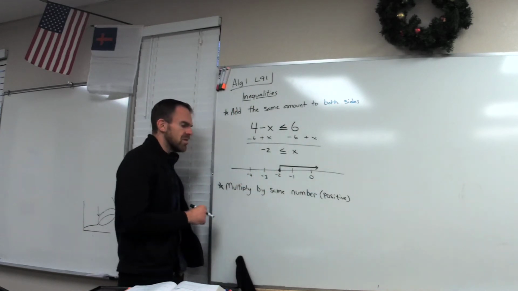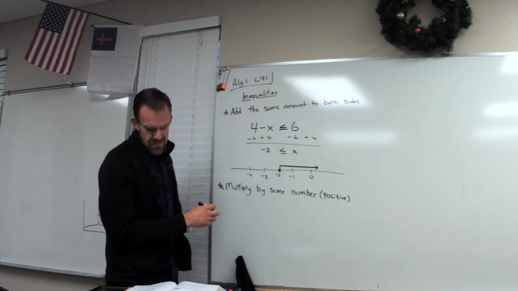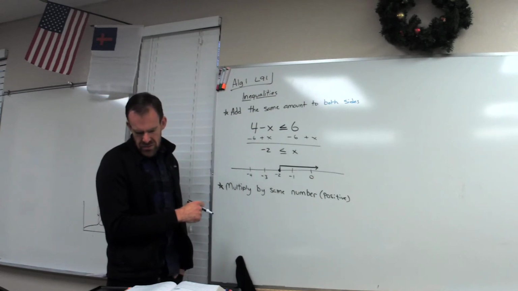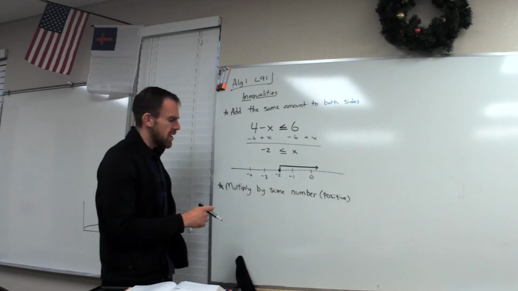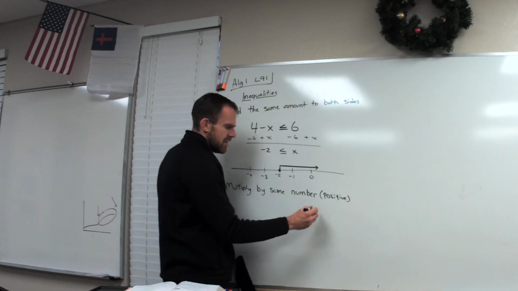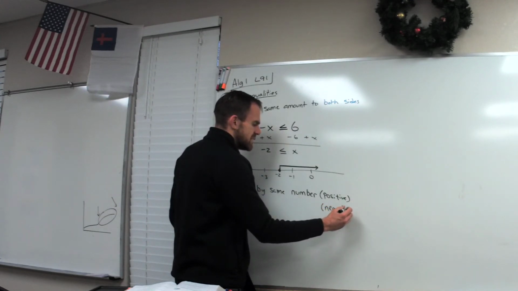Now, the other rule is that you're allowed to multiply by the same number on both sides. This is not given in any of our examples. So let's talk about the opposite of this rule. What if we have a negative and we want to multiply, like in our previous example?